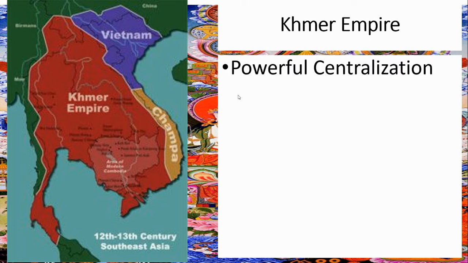The Khmer was a very powerful centralized power, meaning that they ruled directly from the city of Angkor Wat. Essentially, this is going to be more similar to China and how the Song dynasty ruled from one of two capital cities that we talked about. And their power radiated from these capital cities.